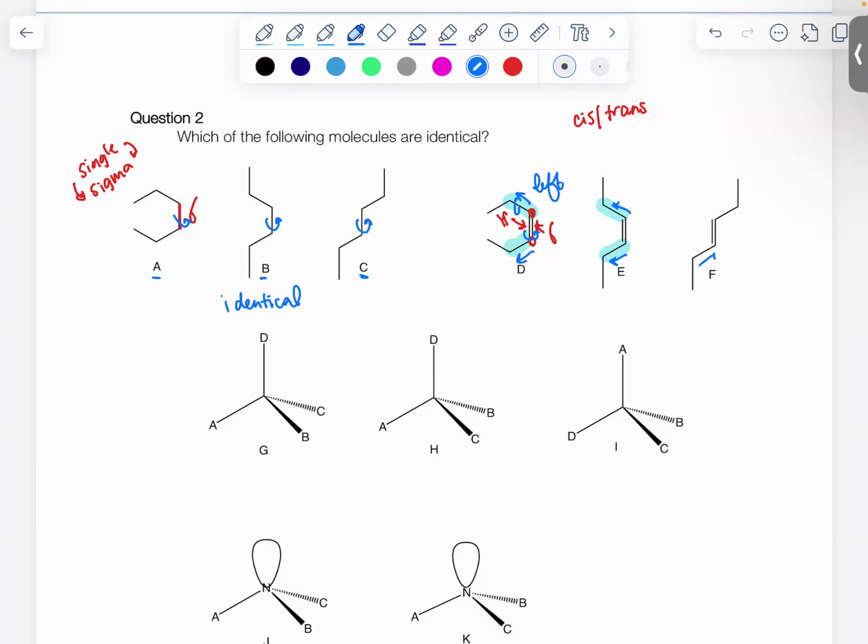And then finally with F, we have one that's going to the left and one that's going to the right. And so these D and E are what we would consider cis, meaning same, as they are both on the same side of the double bond, whereas F is a trans, like different or opposite double bond because we don't have them coming off on the same side.